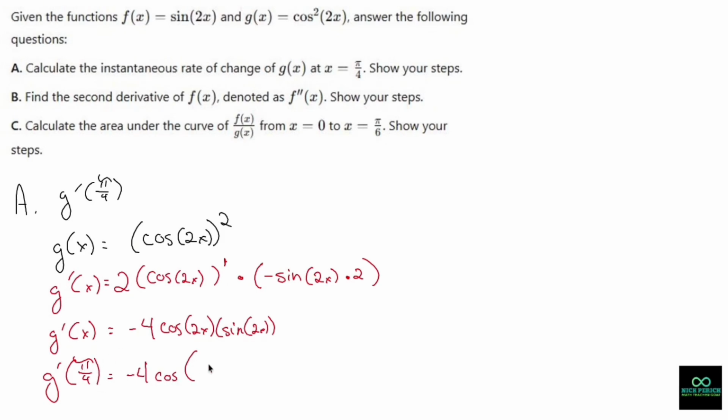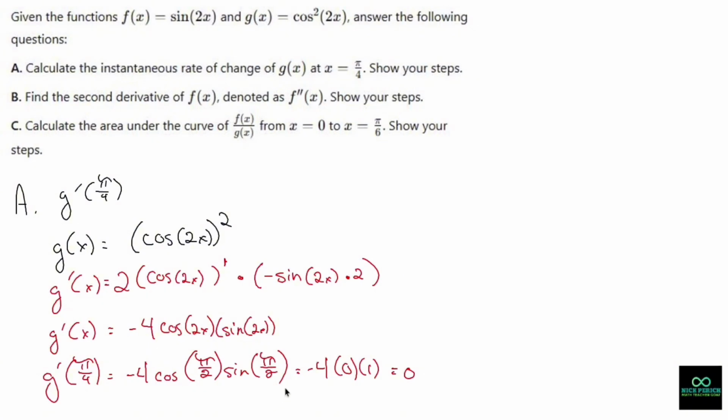Now, 2 times pi over 4 is pi over 2. Okay? And sine 2 times pi over 4 is also pi over 2. Cosine of pi over 2 is the same as cosine of 90 degrees, which is a big fat nothing. And sine of pi over 2 is going to be, well, who cares, because all of this is just going to be 0.